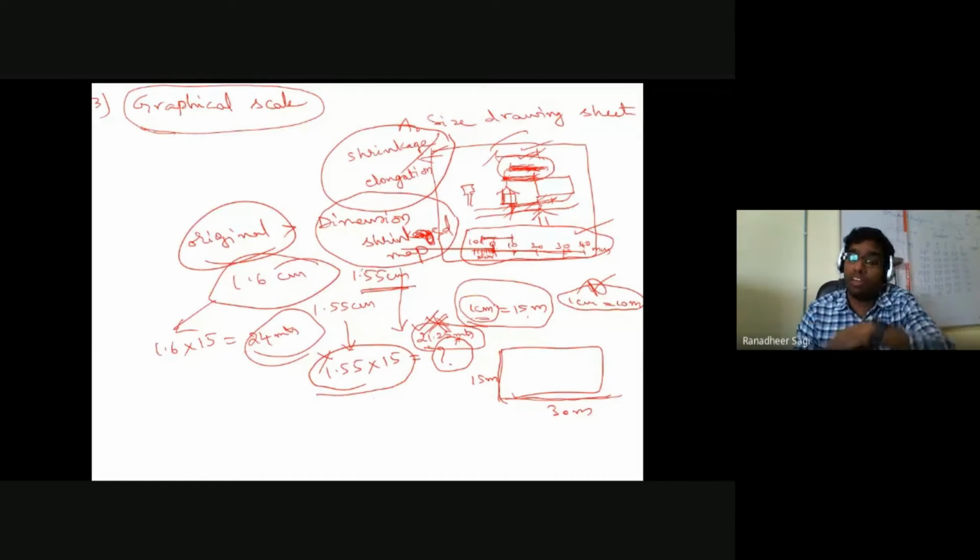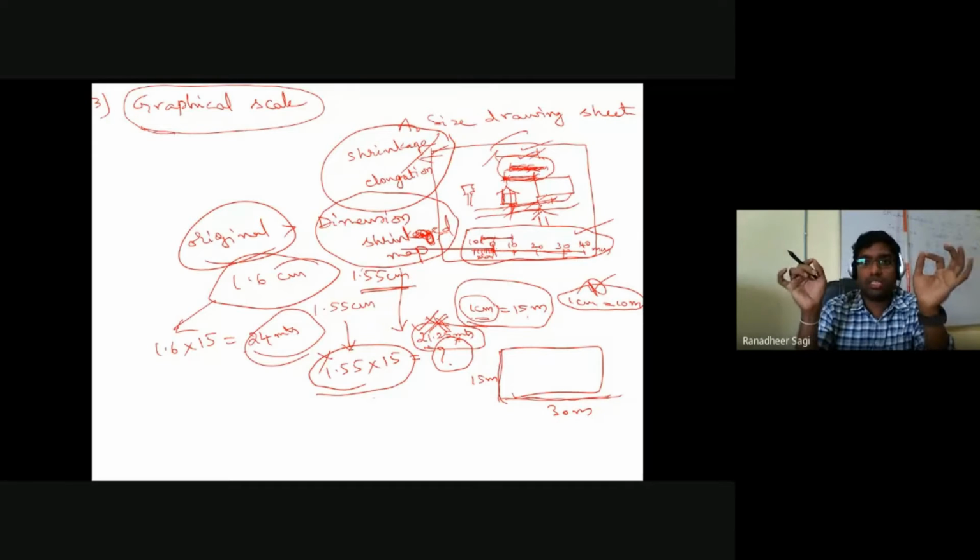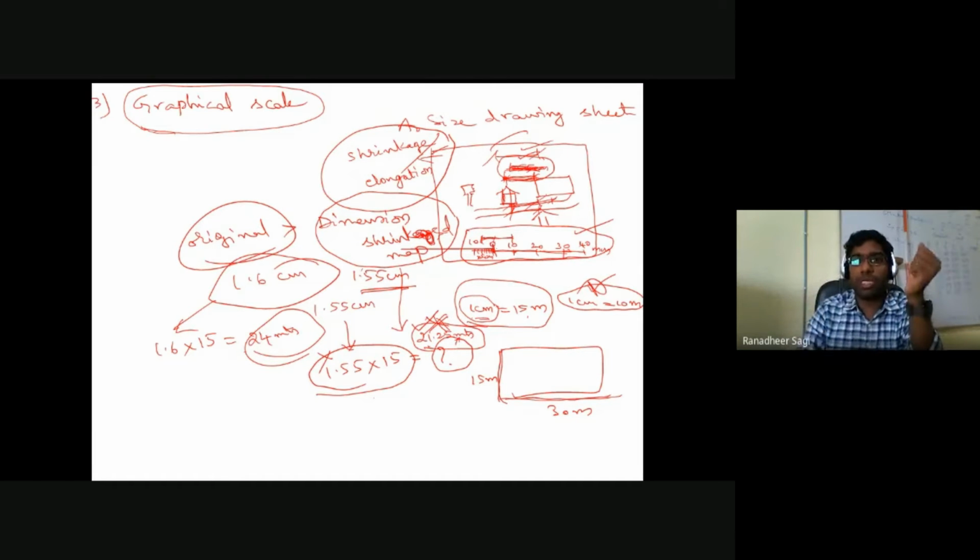Let's say, for example, elongation might have happened in that map. Then the distance you measure between those 2 points, the two positions of the buildings in the map, with the help of your scale: the original dimension when I drew that map was supposed to be that the two buildings were apart by a distance of 1.6 meter, but due to the elongation, those two buildings are no more at a distance of 1.6 meter.